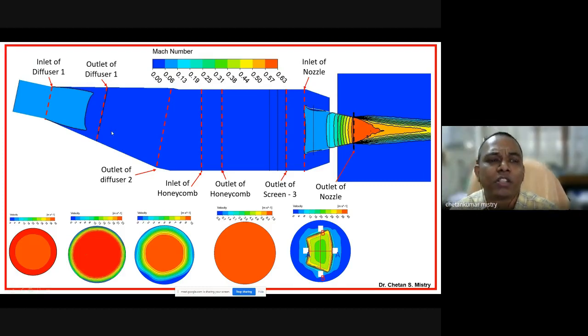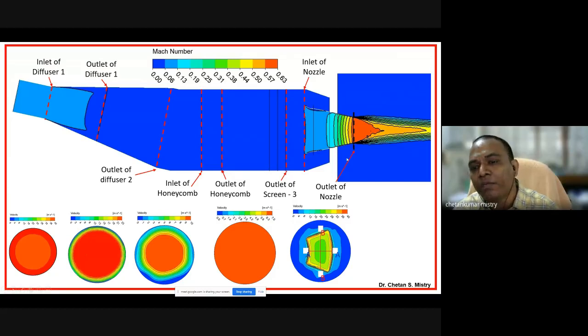But you need to understand that the flow entering here has large angularity, so bigger wakes will enter. What this honeycomb section does is convert those big wakes into smaller wakes. Then again it passes through these screens, which reduces the eddy size and gives me uniform flow here.